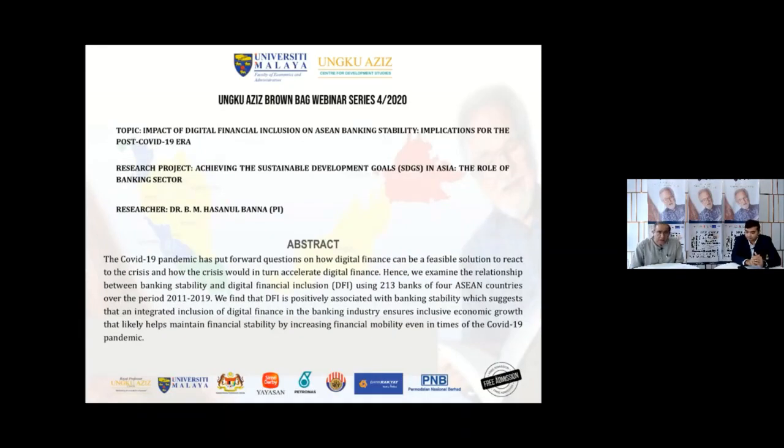This is a very important topic, the impact of digitalization in the financial sector, specifically also as a means of dealing with the COVID crisis. Is DFI, digital financial inclusion, a mechanism that will serve to transfer funds and support to industries and to people? This will be the topic of this discussion today.